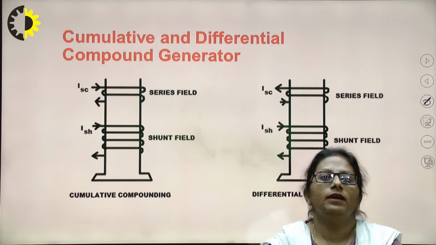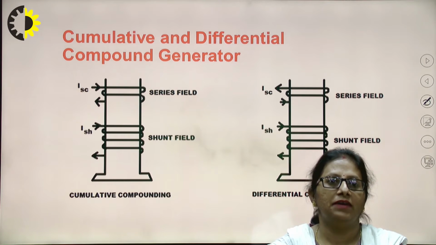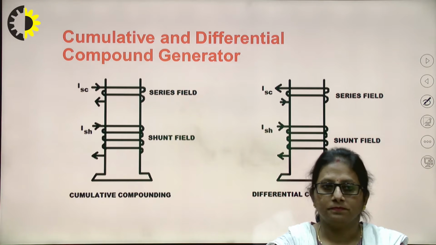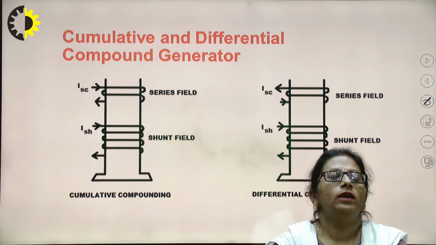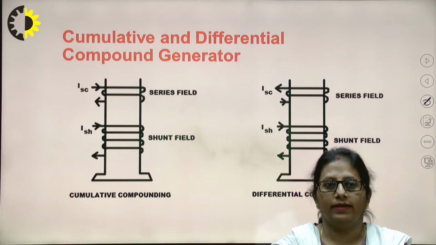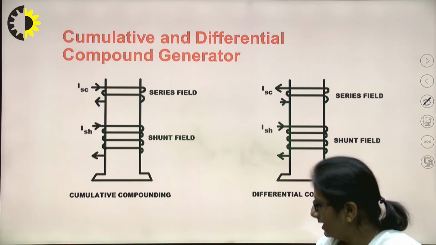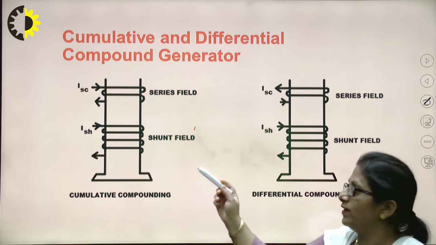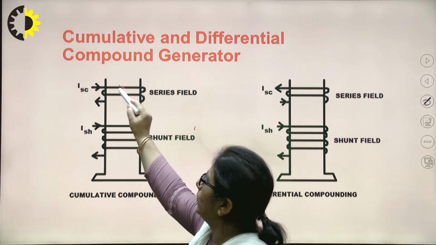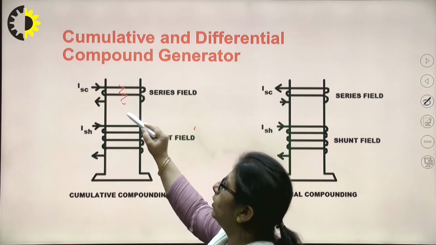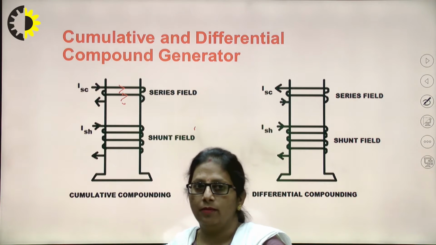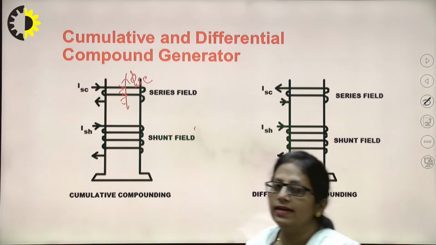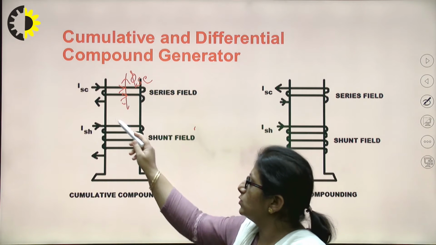Now, coming to cumulative and differential compound generators. A compound generator has a series field winding and a shunt field winding wound on the pole core. A cumulative compound generator, as seen in the very first diagram, has the series and shunt field windings connected so that, if the current flows in this direction, the flux produced according to the right hand thumb rule by the series field winding is in the upward direction. Similarly, the shunt field winding also produces flux in the same direction.